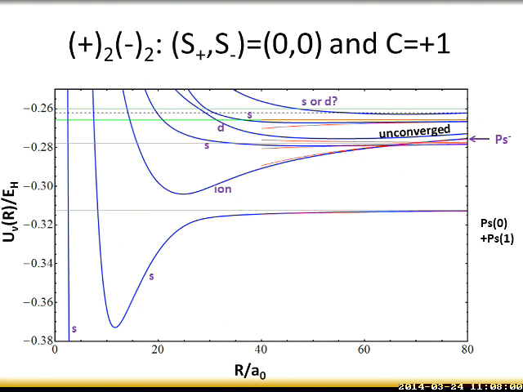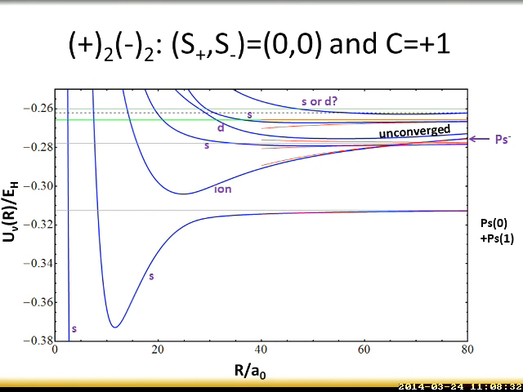And so I've labeled the curves based on, actually I should say, I'm plotting this up to the dissociation limit of a single positronium atom, so minus 1/4. And what I'm not showing is the ground state, which is this S that drops down to minus 1/2. So I label these basically by the excitation: one positronium atom's in its ground state, one is in its excited state.